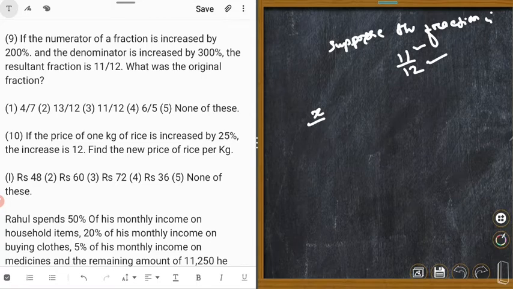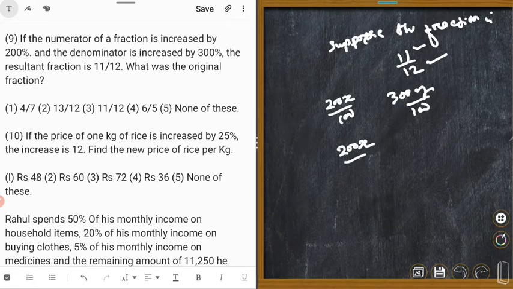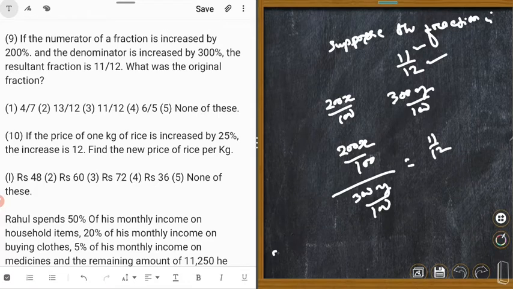As per the question, the numerator is increased by 200%, that is 200x upon 100. Similarly, the denominator is increased by 300y upon 100. So 200x upon 100 by 300y upon 100 is equal to 11 upon 12.